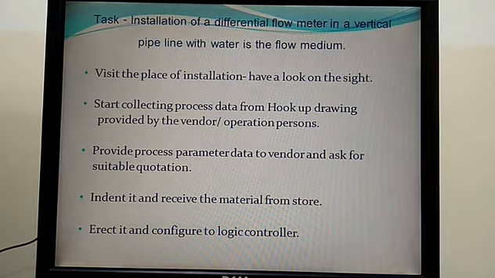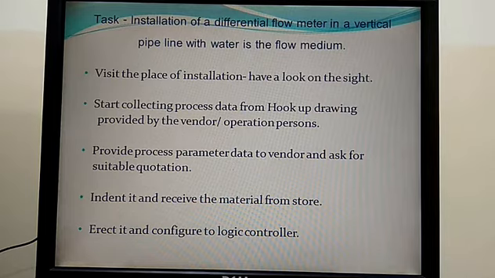You ask your operation person what is your requirement, what is the pipe size, what is the discharge capacity of that line, A to Z. Whatever query comes to your mind, note it down in your notebook, and after that provide process parameter data to the vendor and ask for a suitable quotation.